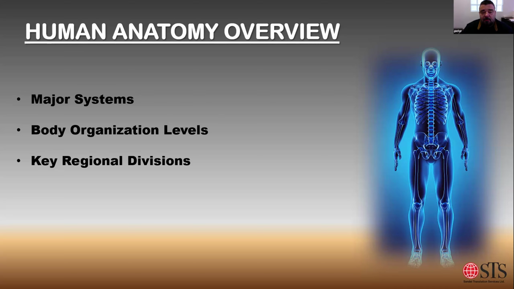Now there is also something that we can call a common denominator for all three major systems. So let's say for number one, it's going to be cardio. If you hear cardio, it means about the heart, usually.